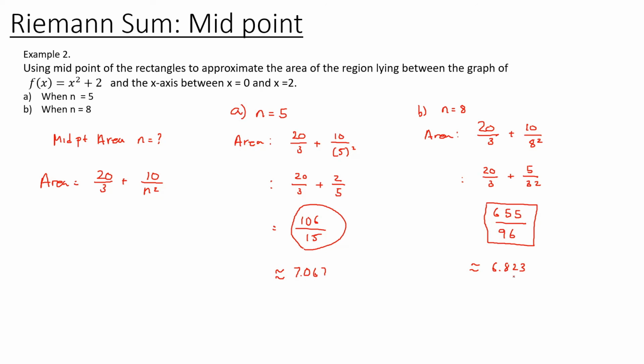If you sketch the graph of n equal to 5 and n equal to 8, you'll find that n equal to 8, having 8 rectangular shapes, will produce a little bit more accurate answer, because the more rectangles you add, the gap, whether it's under or over approximate, will get smaller and smaller. So if you're just comparing using 5 rectangles to 8 rectangles, the real area will be closer to n equal to 8. In this case, 655 over 96.